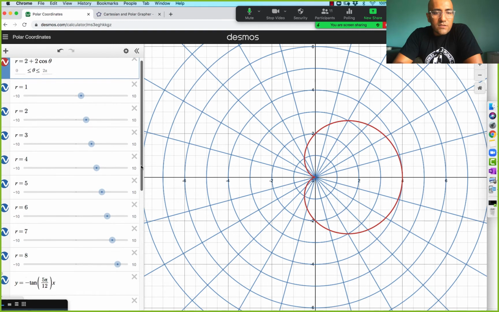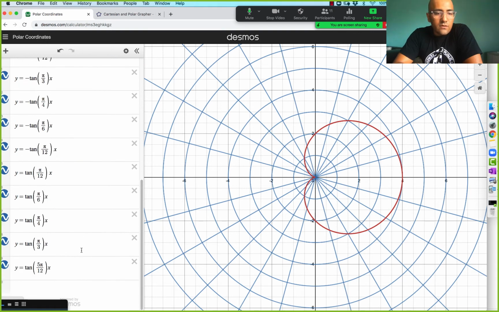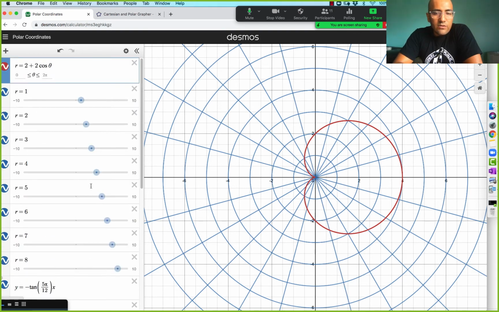So all of these equations over here are part of what makes the grid. All these tangent things are part of it. Watch, if I turn off one of these things, one of those lines disappears. Okay, so not so great. We kind of have to jerry-rig it to give us the grid and be able to graph on there. So not my favorite, but we'll do what we can.